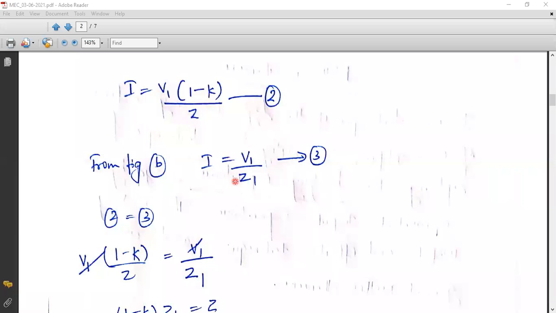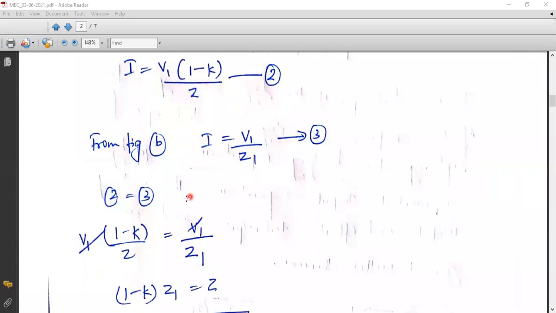Now equate the right hand sides and solve for Z1. You can cancel V1 from both the sides and solve for Z1 in terms of Z and finalize the equation. Clear?